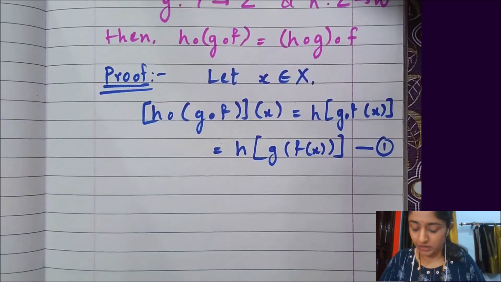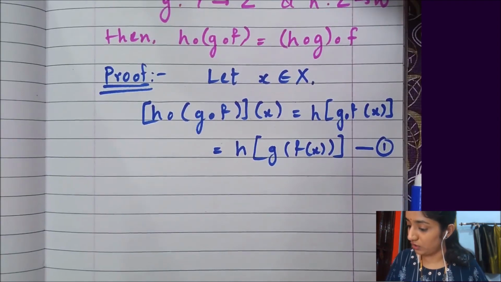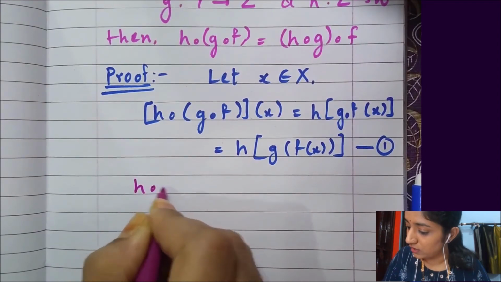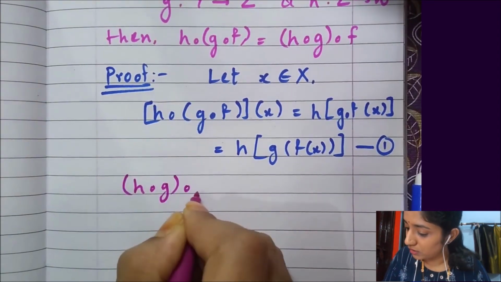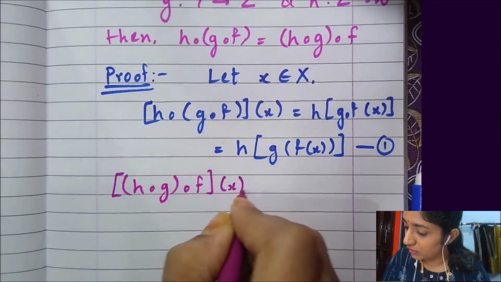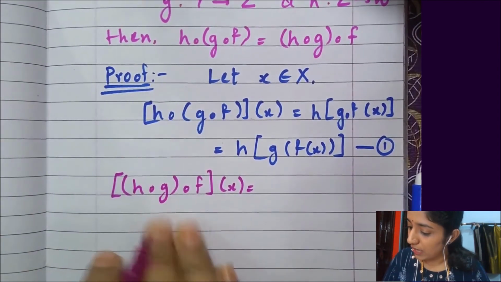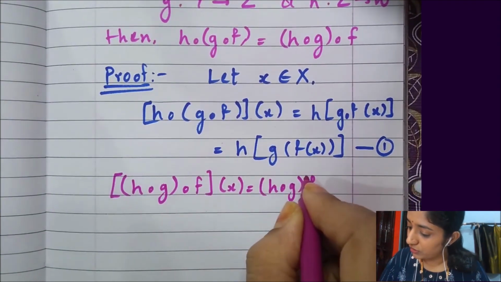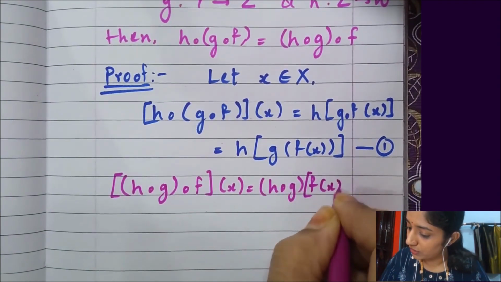We can have another one with another ink, of course. h circle g in one bracket and then composed with f, and this is all being operated on little x. And what happens is h circle g is being composed with f, so this is working on f of x.